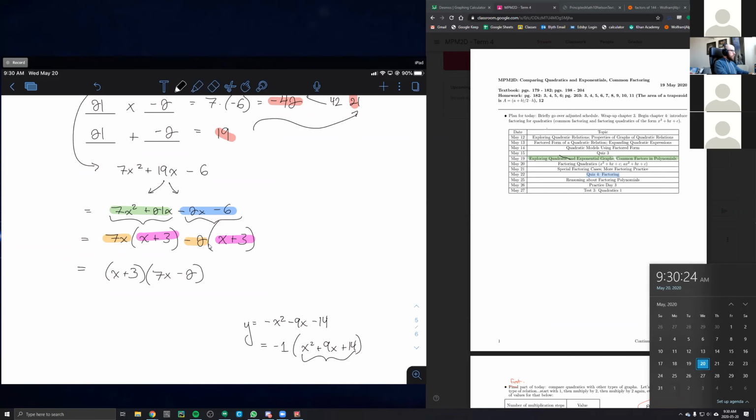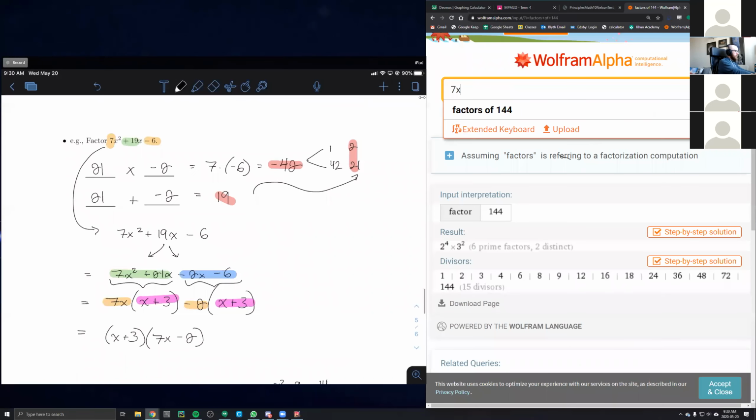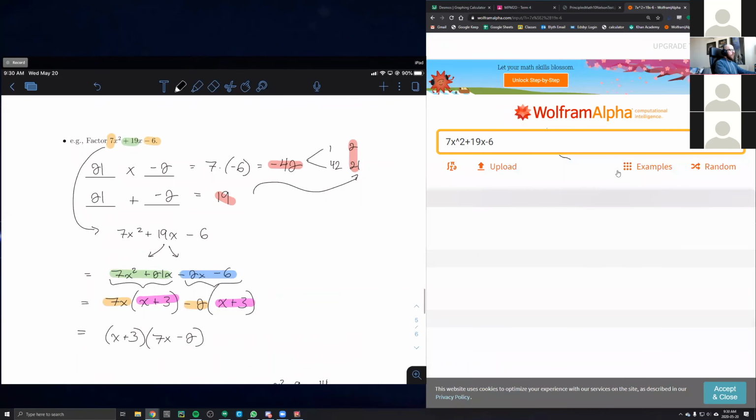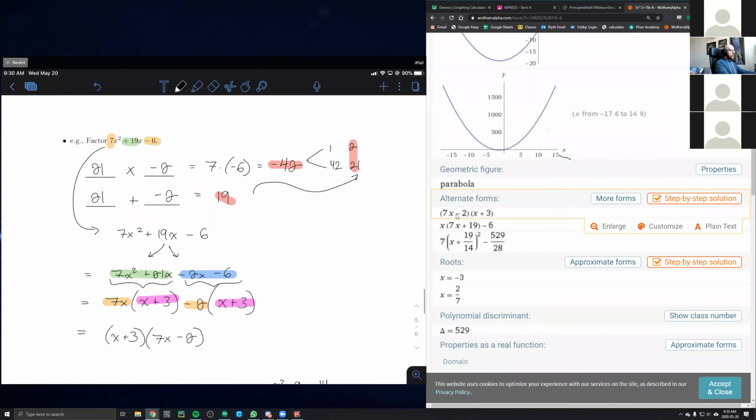I know it's pretty simple. If I just type in 7x squared plus 19x minus 6, Wolfram Alpha does it for me. It's not really anything special here, right? Alternative form: 7x minus 2 times x plus 3. It just gives me the answer, right? So I'm not interested in the answer.